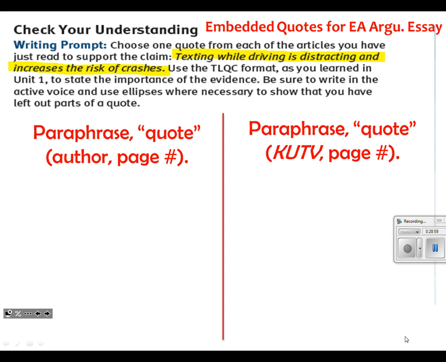That was in regards to the 22-year-old that died, the mother with the plea to patrons, please don't do it. And that's one I'm going to provide for you, and that's going to show up in a moment. The right-hand side, you're going to have to develop your own embedded quote from our second article, Distracted Driving.